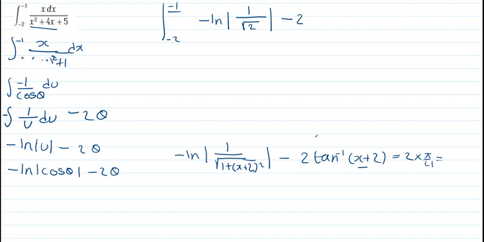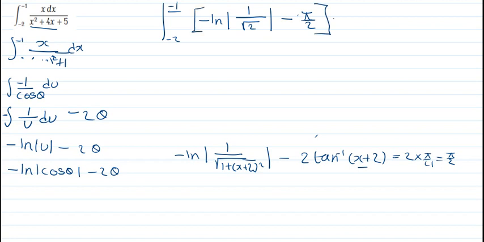So instead of writing all this part here, we can simply replace it with pi over 4. So this is going to give us minus pi over 2. This is our upper limit.